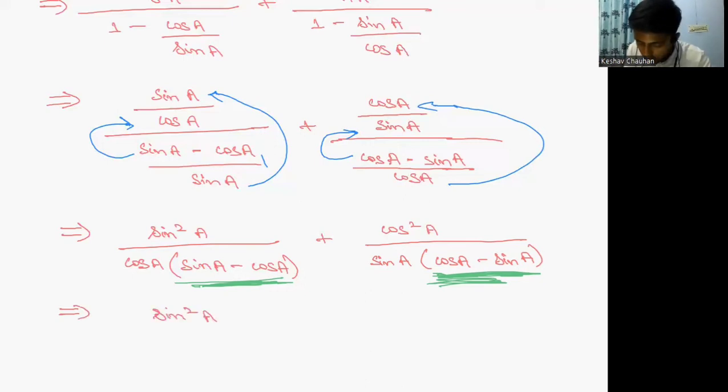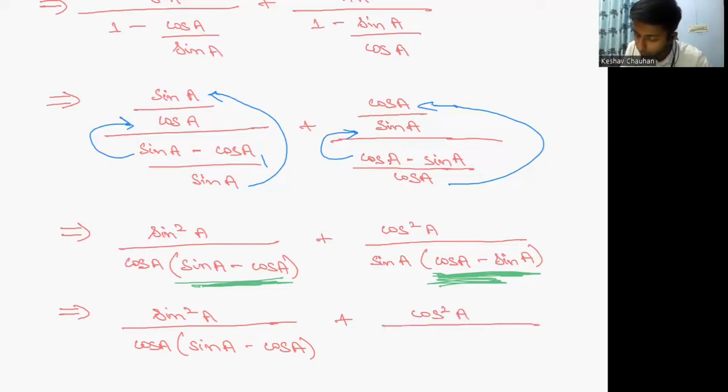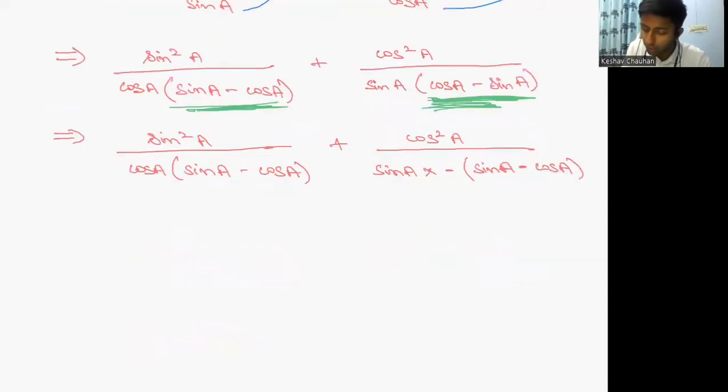Sin square A upon cos A into sin A minus cos A, cos square A upon sin A into minus sin A minus cos A. Now this sign will go in between, and we know minus and plus become minus finally.